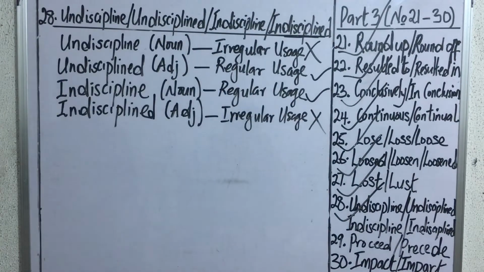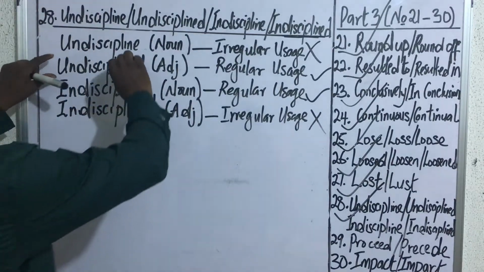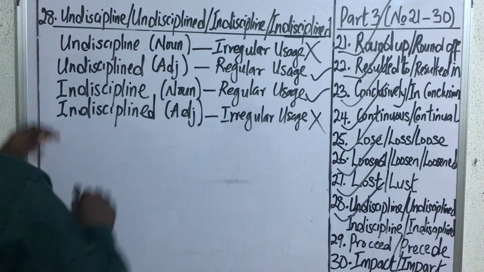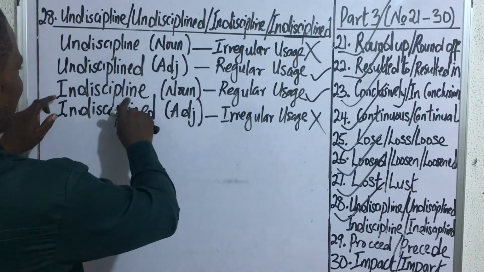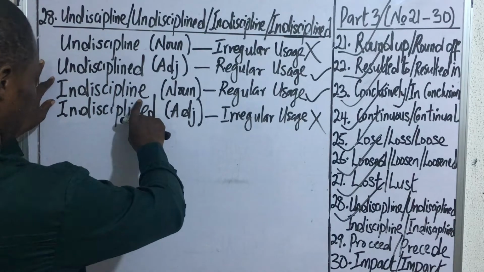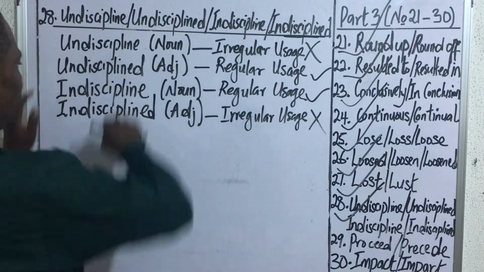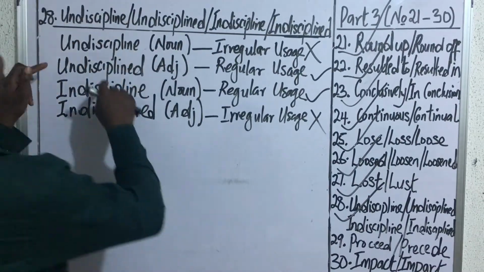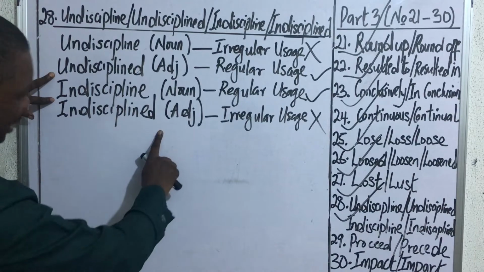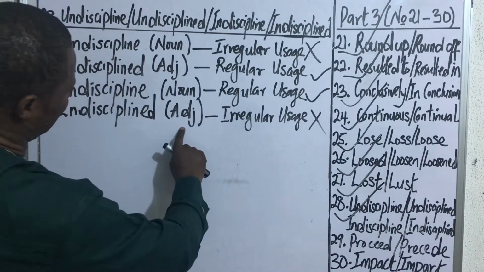I will bring us down to begin to look at just two words, that is undisciplined and indiscipline. Indiscipline is supposed to mean the same thing as undiscipline, but the regular word is indiscipline, not undiscipline. Then undisciplined is supposed to mean the same thing as indisciplined, but the regular usage is undisciplined, not indisciplined.